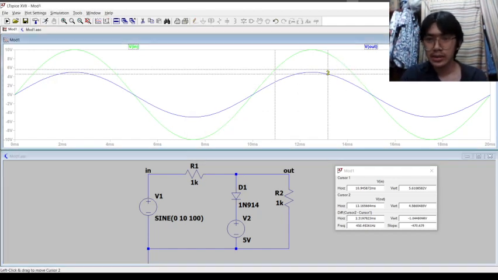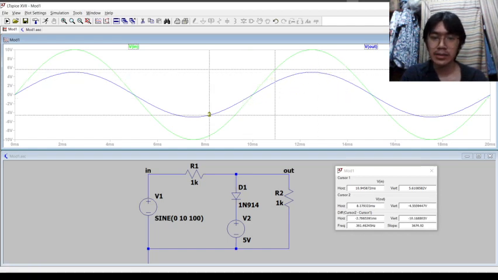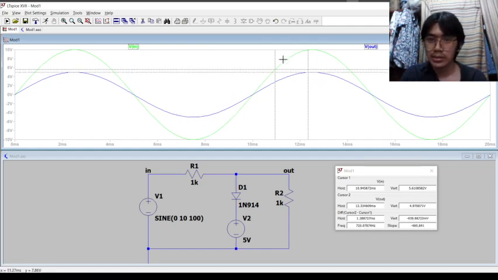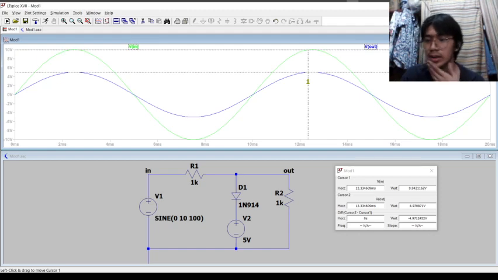As you can see, there is no clipping happening right here, as if the diode does not exist. Let's align them together. The input is 9.94 and the V out is 4.9.